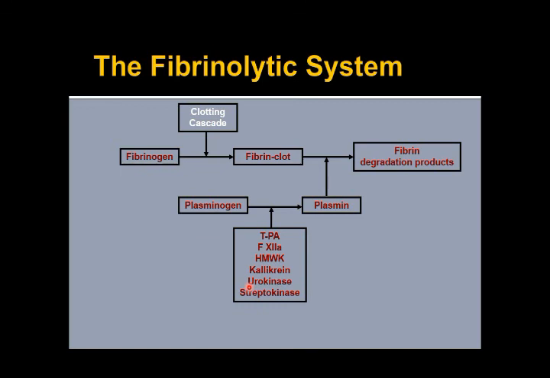So let's look at this in a flow chart. We've got fibrinogen converting into fibrin clot. All of the clotting cascade steps are packed into this box right here. Once we have fibrin strands forming, we've got the fibrin clot. At the same time, factor 12A and other proteins like streptokinase and urokinase will activate plasminogen into plasmin.